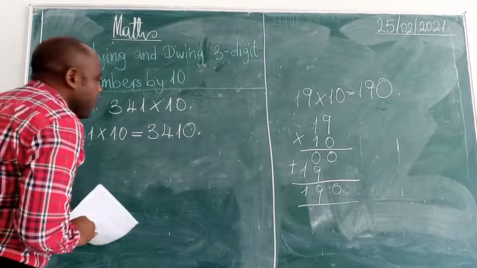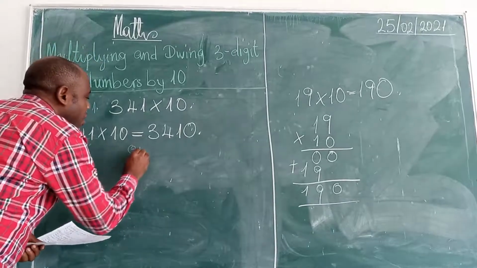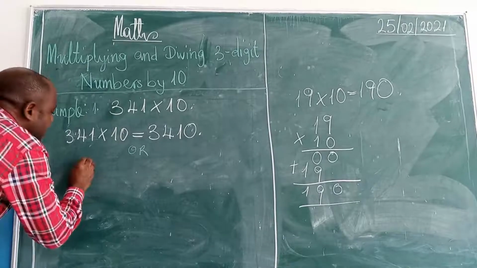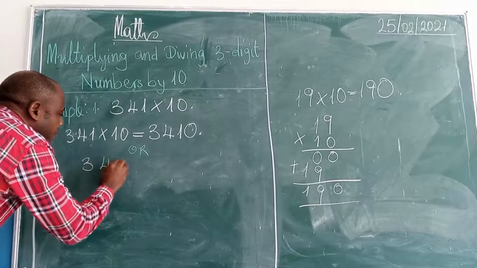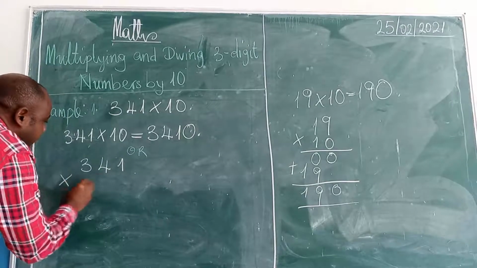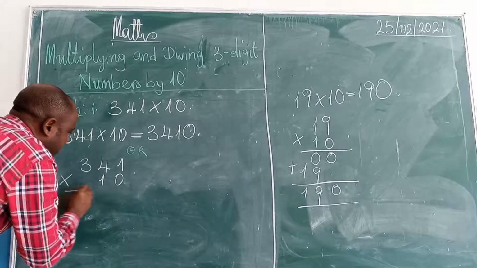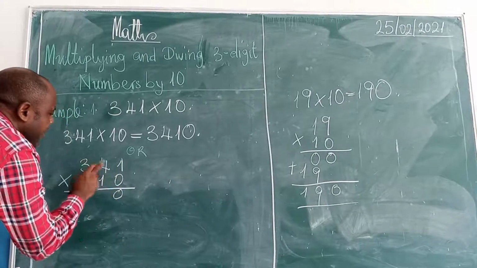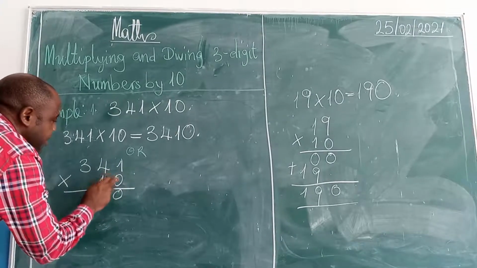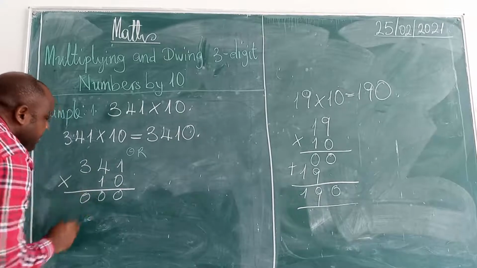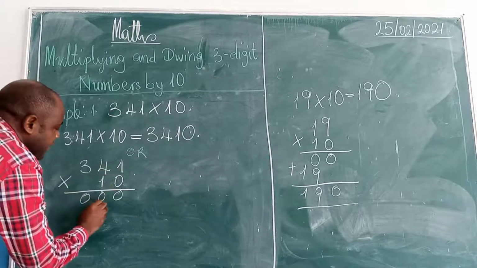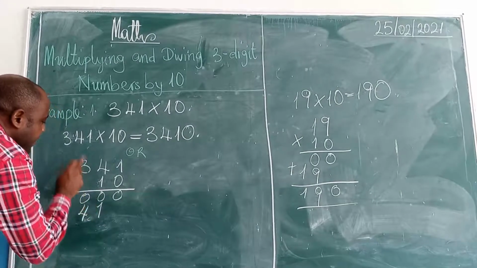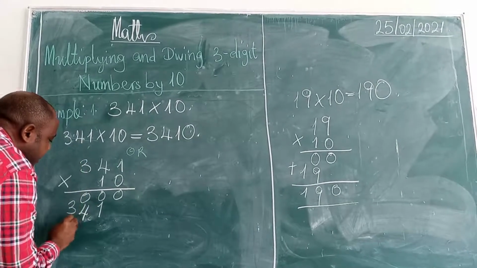So, if we use the other method, let's now multiply it directly. We have 341 times 10. So 0 times 1 is 0. 0 times 4 is 0. 0 times 3 is 0. 1 times 1 is 1. 1 times 4 is 4. 1 times 3 is 3.